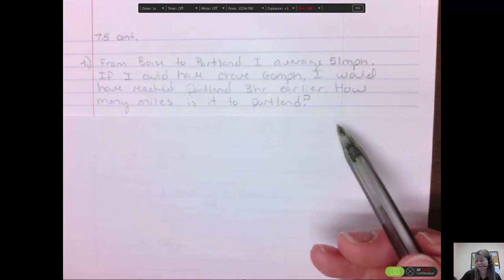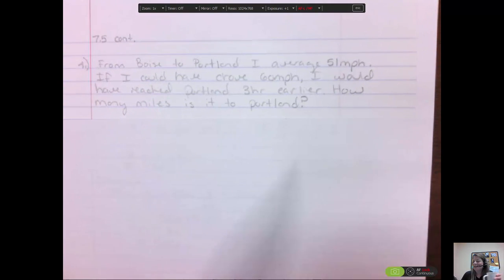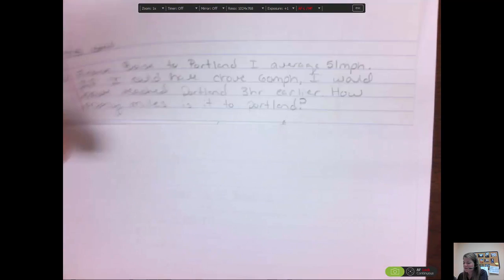Not true, because it's really not that long of a drive. How many miles is it to Portland? We're using miles, so it's more of a distance here, but we're going to average 51 miles per hour if we could have driven 60.